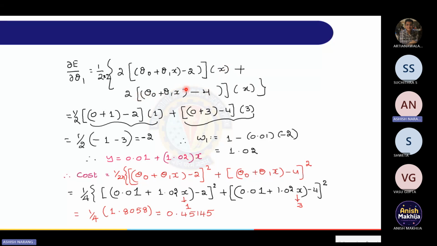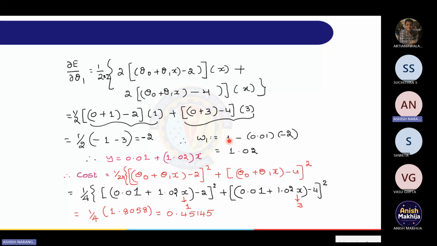Now you plug in those simple numbers again, and you get a value of -2 for this particular derivative. Now you want to update theta 1.